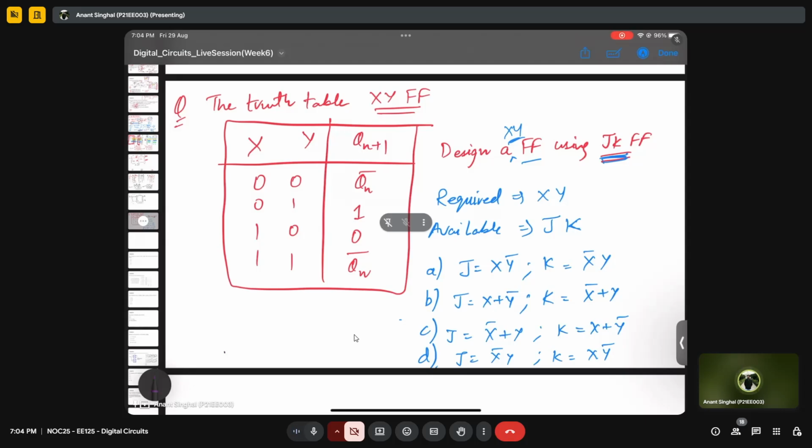Did anyone try? Is there any particular step that you are being stuck on? You can ask.